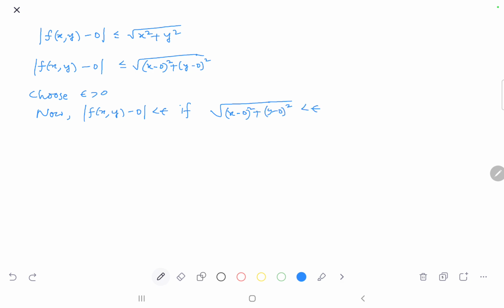Choose epsilon greater than 0. Then |f(x,y) minus 0| is less than epsilon if the square root of (x minus 0) whole square plus (y minus 0) whole square is less than epsilon. Let delta equal epsilon, because it works. So |f(x,y) minus 0| is less than epsilon if 0 is less than the square root of (x minus 0) whole square plus (y minus 0) whole square, which is less than delta. So done. Got it?